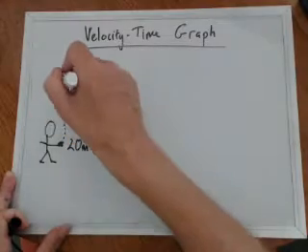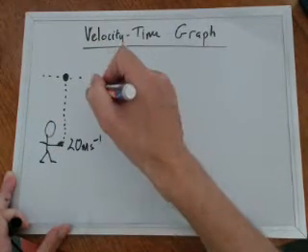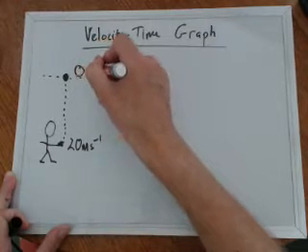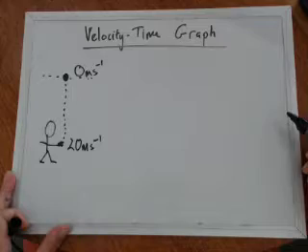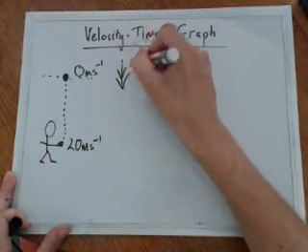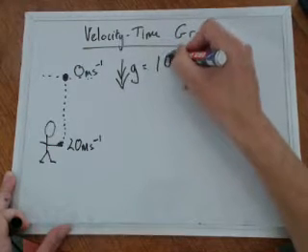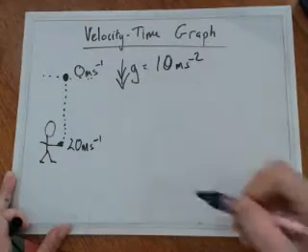Now eventually, as it gets as high as it can, it's going to stop, and the velocity here at the very top is going to be 0 meters per second. Now the acceleration acting upon it will in fact be gravity acting down, which is g, and for now we're going to call that 10 meters seconds to the minus 2 acting in that direction.